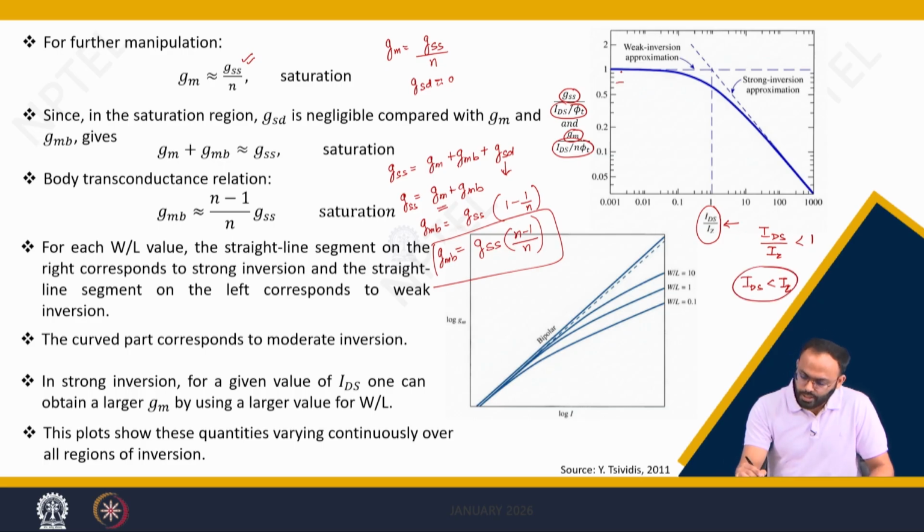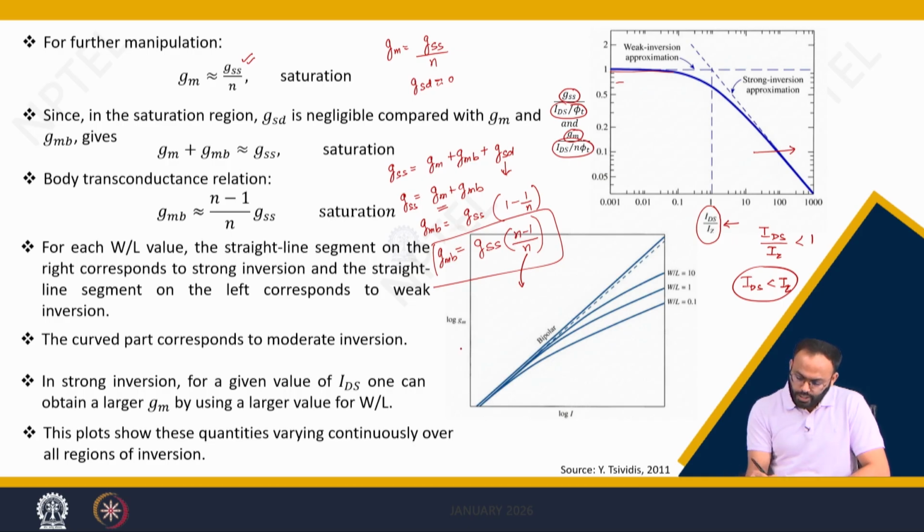In weak inversion this is the case, and in strong inversion this is the case. If we know N and a particular temperature, then we can find Iz. Based on IDS by Iz, we can define whether we are in the weak inversion or strong inversion region of operation based on these parameter values.